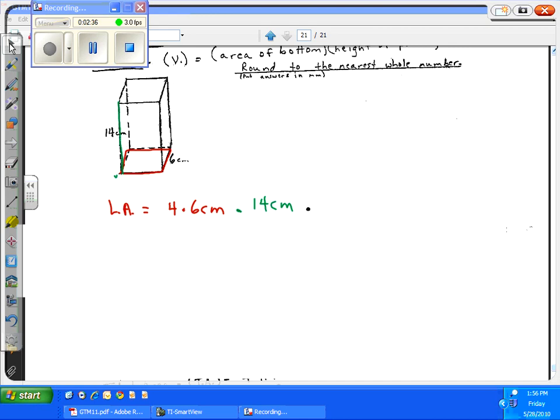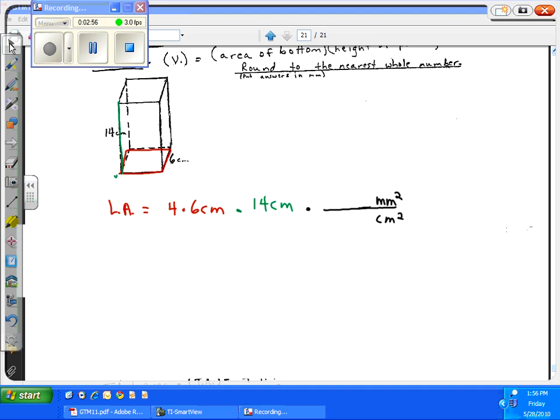When you multiply centimeters times centimeters, you would get square centimeters. And we would need to lose that name square centi and gain the name square milli.